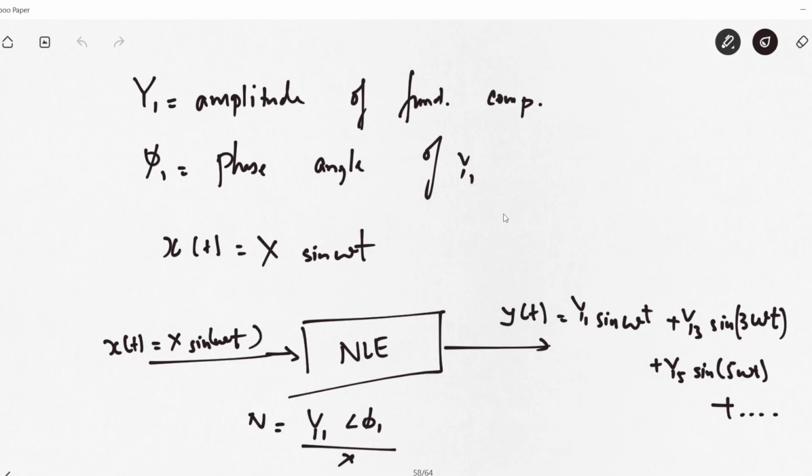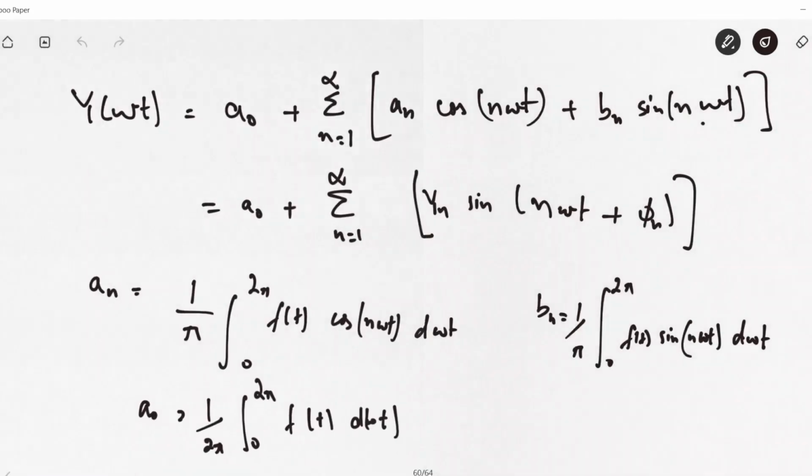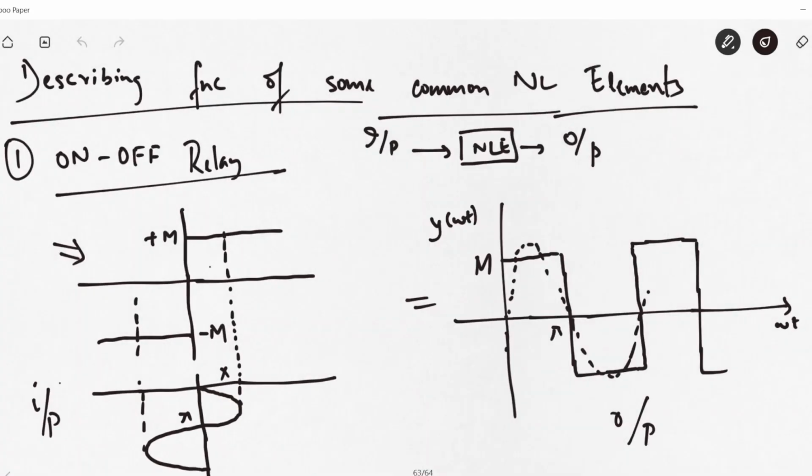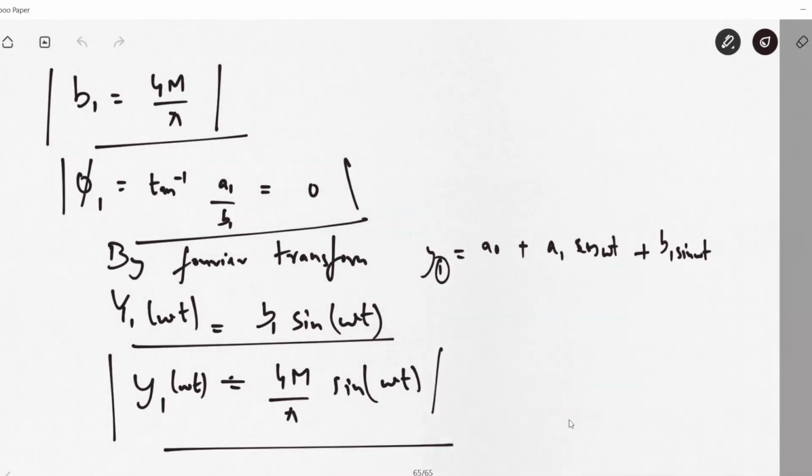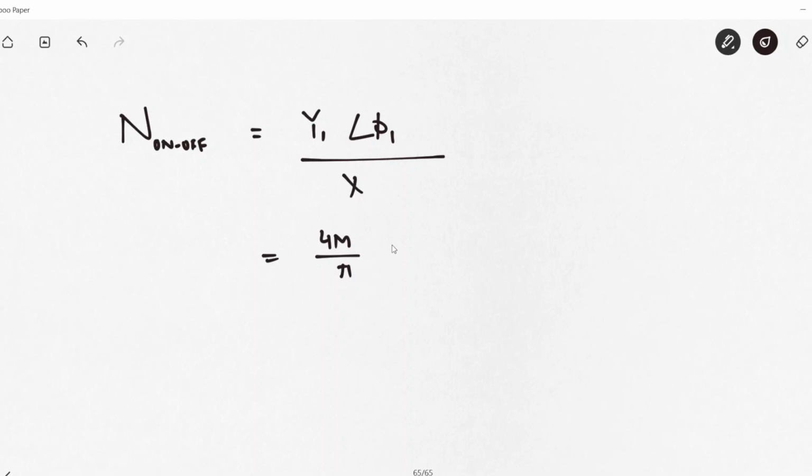So in this case, the describing function of this on-off relay we can write as y1 angle phi 1 divided by x. y1 is 4m by pi, the magnitude only, 4m by pi angle 0 divided by x, that is the magnitude of the sinusoidal input.